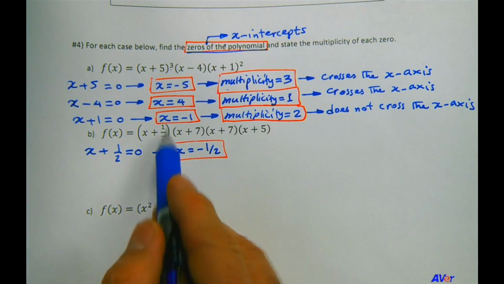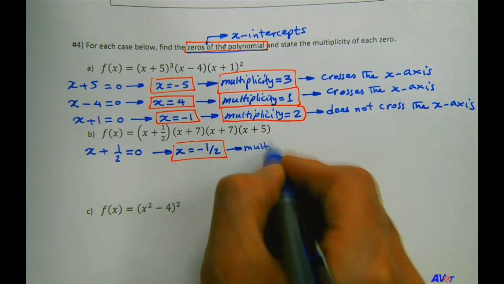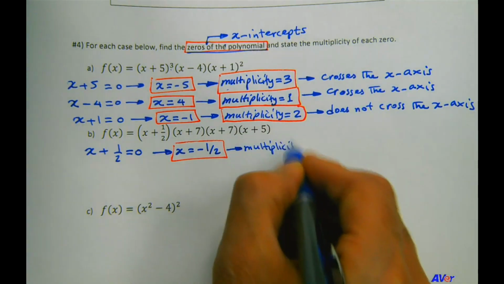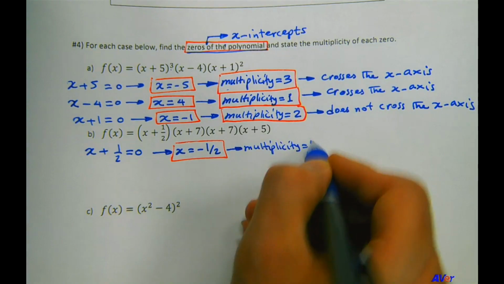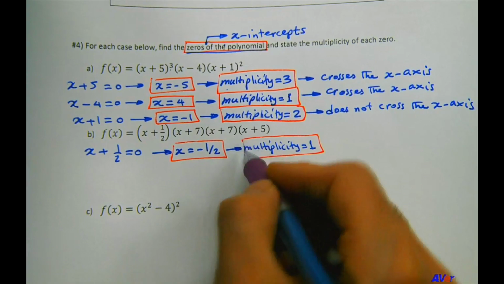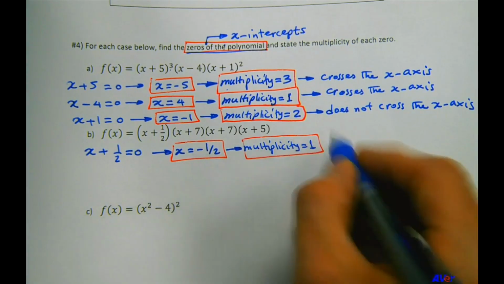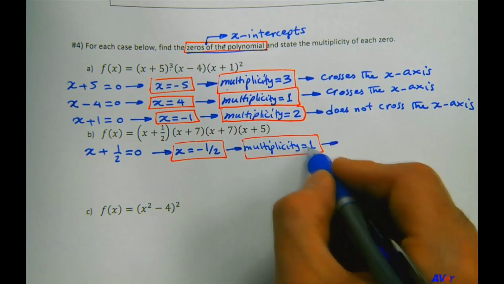What is the power of that factor? 1. So multiplicity is equal to 1, right? Does the graph cross the x-axis at that point, at -1/2, 0? Yes, because that's odd multiplicity.